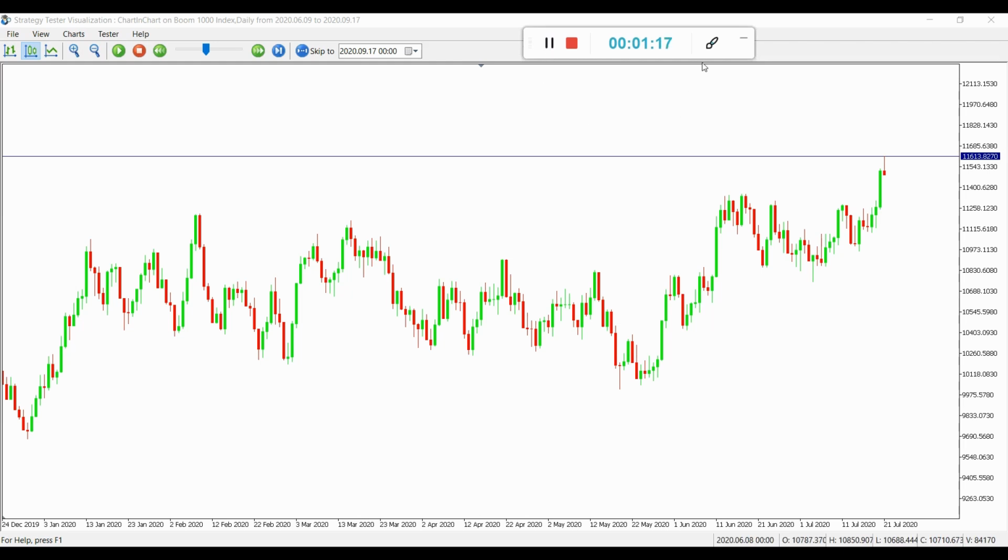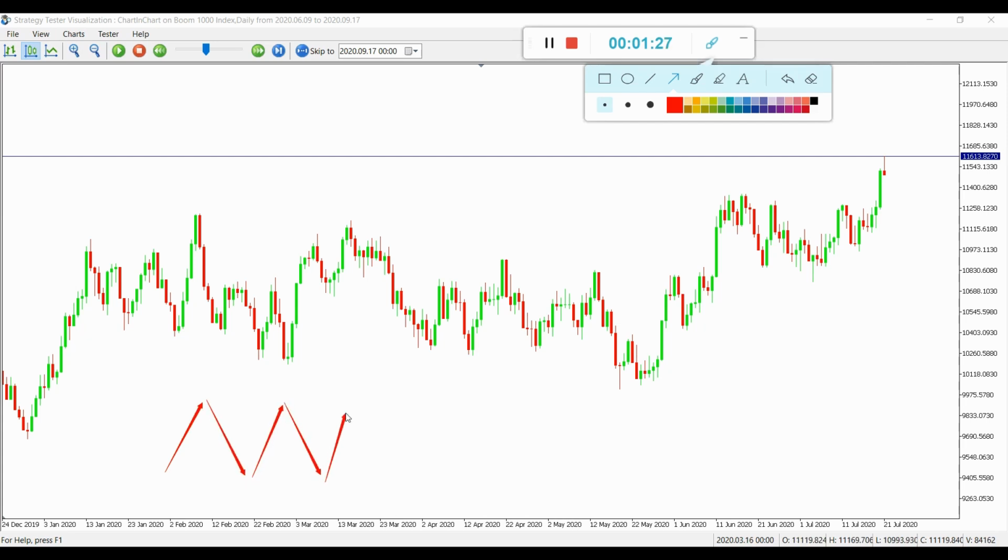So anytime in the market there are 3 types of phases. Either the market will be in a consolidation phase like this, moves up and down, up and down. This is called the consolidation phase. Another phase is called an upward trend like this. The market will go up, pull back, run again, pull back, run, pull back and run.